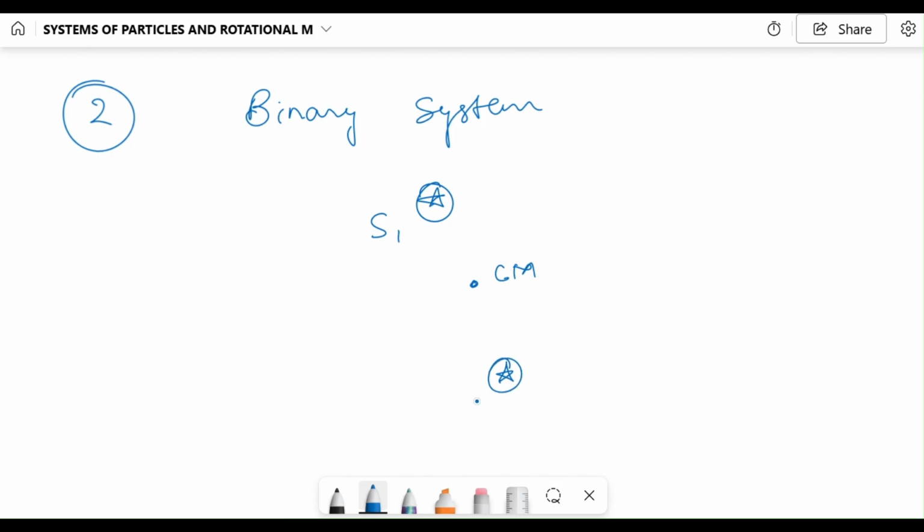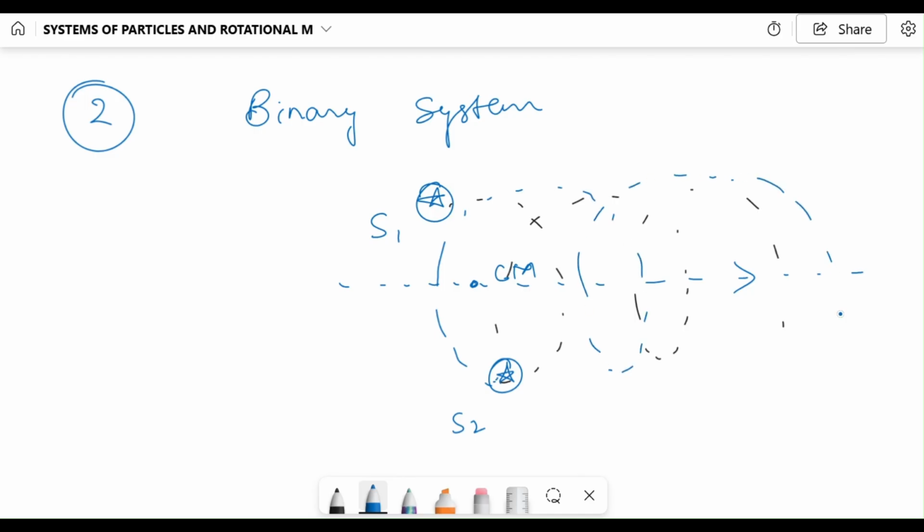So what if this binary system has a kind of motion like this? Let's say this star is moving this way, and this second star will also continue to move about this center of mass. So they are just revolving around the center of mass.